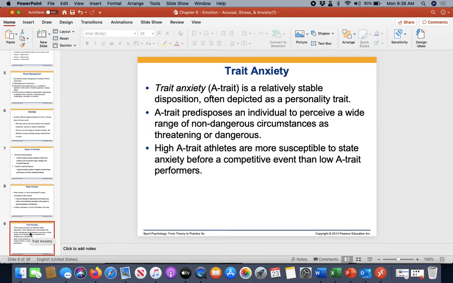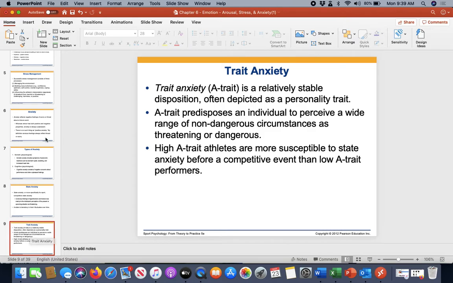Trait anxiety, on the other hand, is a personality trait. Okay. We're talking about how you as a person, the traits that you're made up of, what is it that you are made up of that's causing this anxiety? Okay. So a person who typically has trait anxiety is typically going to be the one that ends up causing an issue in state anxiety simply because they are naturally predisposed to feeling some way of a negative feeling.